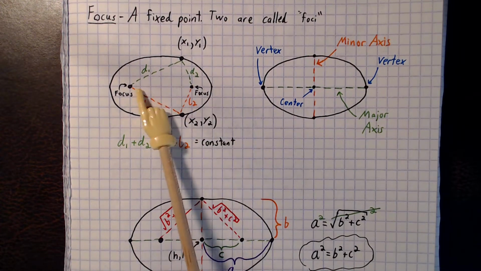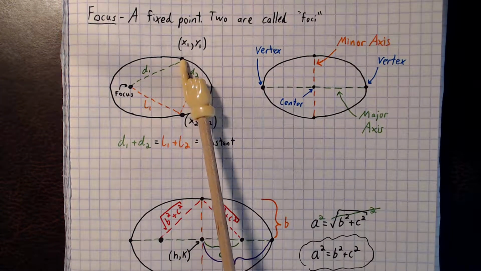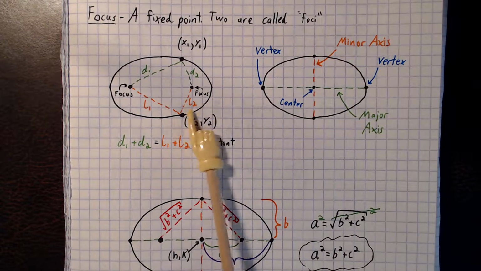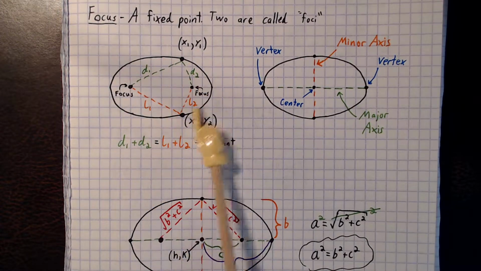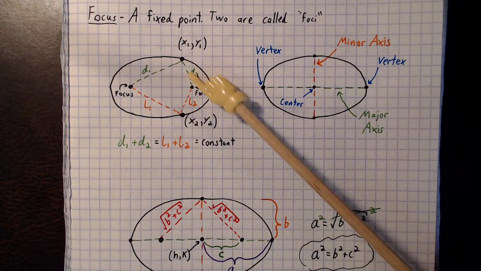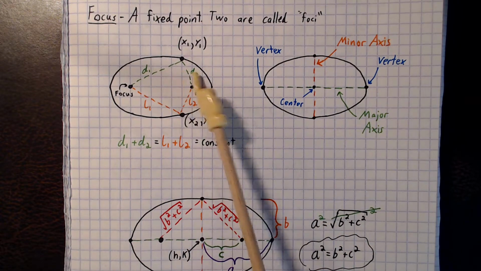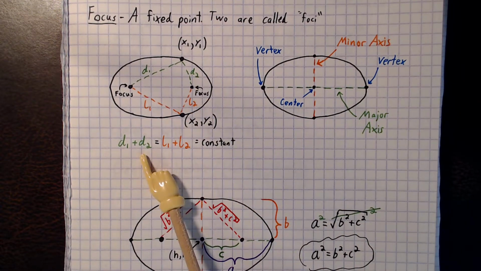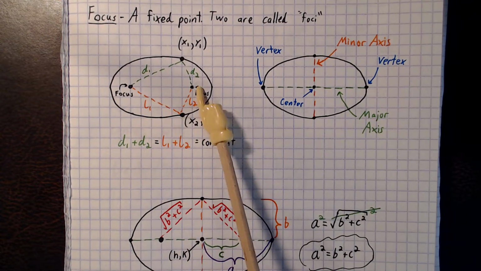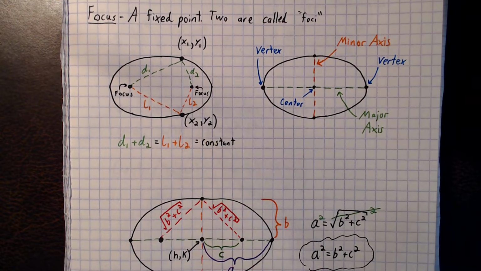The distance that these 2 points are at any given point in time always has to be the same amount. So for example, from one focus to x, y, it's going to have a length, and a length from the other. If we add those, it should be the same number as if we were to add the length here and here together. It's always going to be the same number.